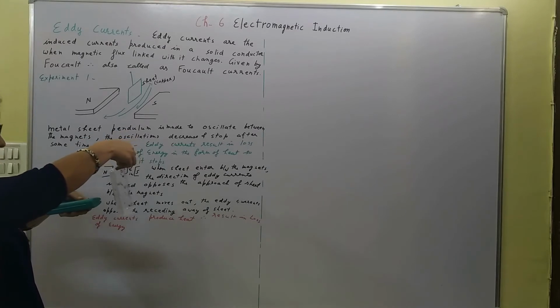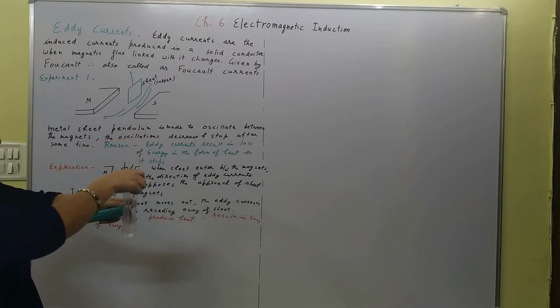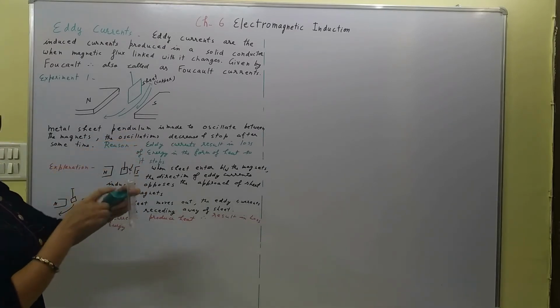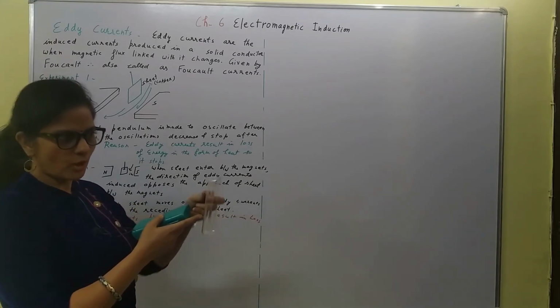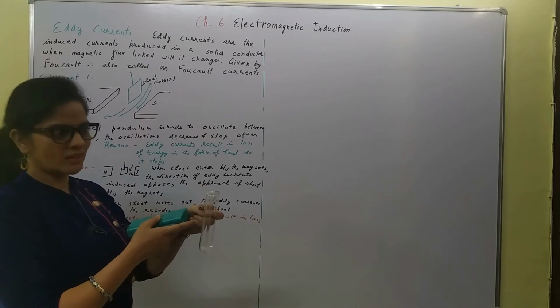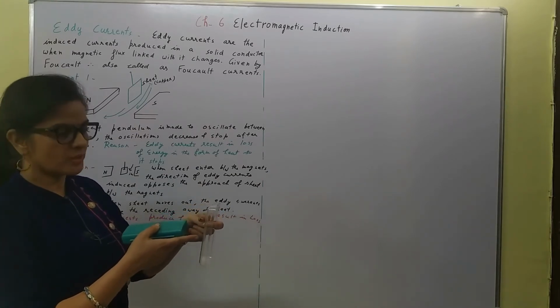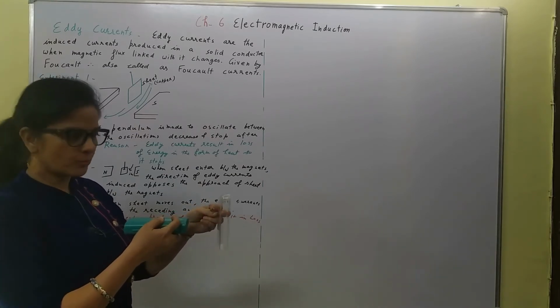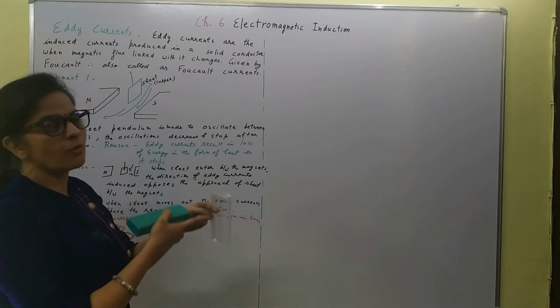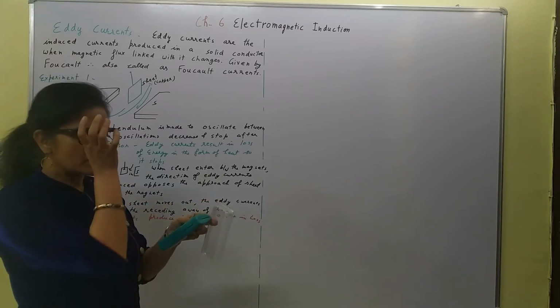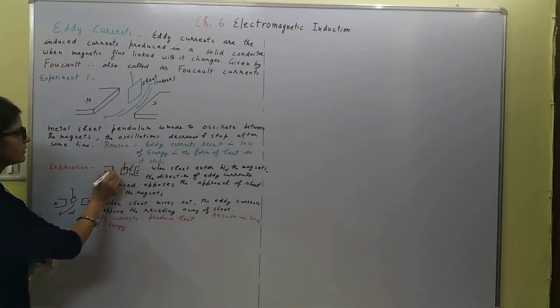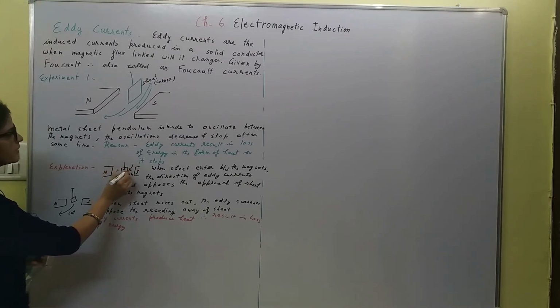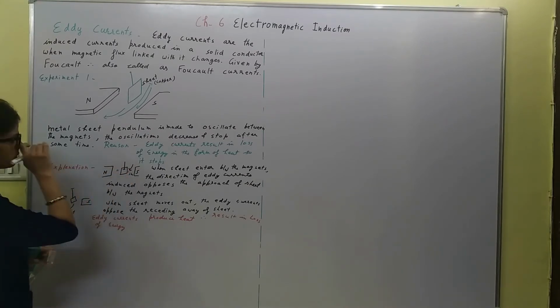So we have to understand, when this is the north side of the magnet, and this sheet is entering here, the direction of the current on the north magnet side should be such that it opposes the incoming. So when it is incoming, this side of the sheet must have north polarity, and this side must have south polarity.